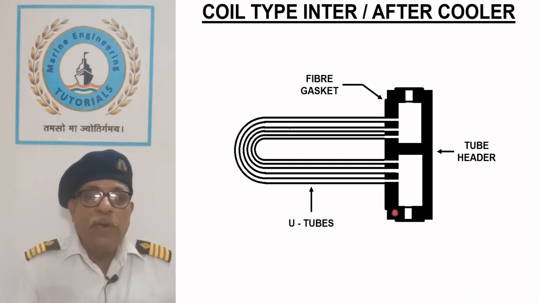Header is attached to the compressor jacket with a fiber gasket. U-tubes remain surrounded by the jacket cooling water. Cylinder jacket is equipped with a bursting disc to protect against the over pressure.